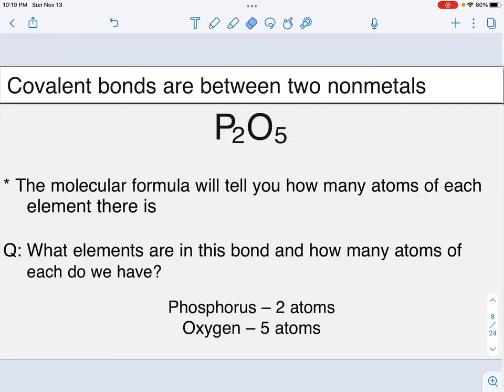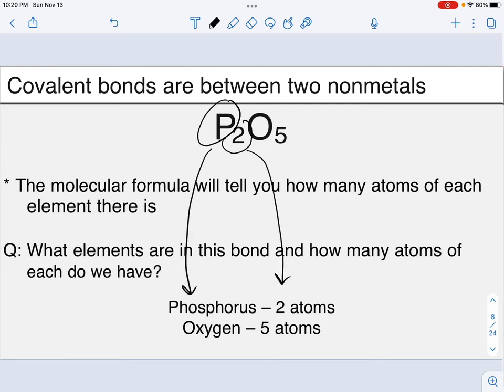So here we have P2O5. What elements are in this bond, and how many atoms of each do we have? We have phosphorus, okay, so I'm going to circle the P. We have phosphorus, and this little 2 subscript underneath tells us that we have 2 atoms.